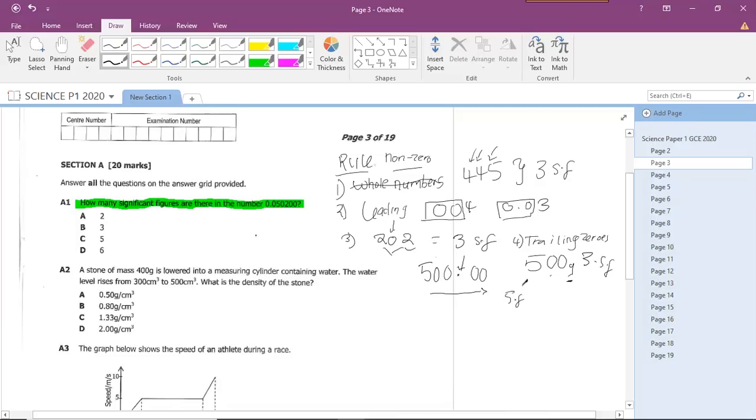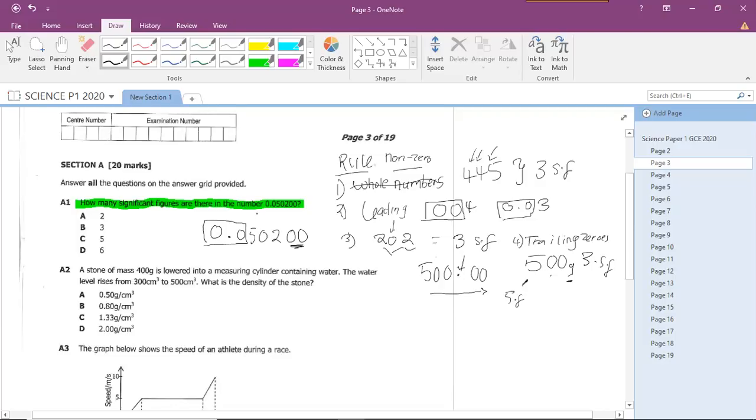So if we look at this number here, 0.050200, what do we have? We've got a decimal point here, and we've got these leading zeros. These leading zeros are not significant, but because of this decimal point, these zeros at the end are going to be significant.